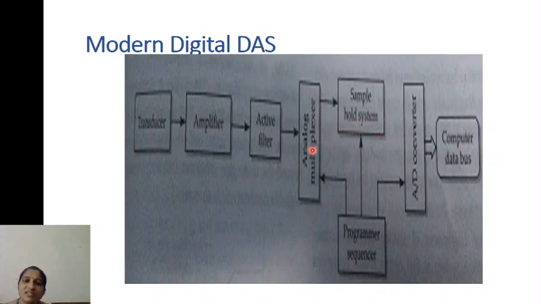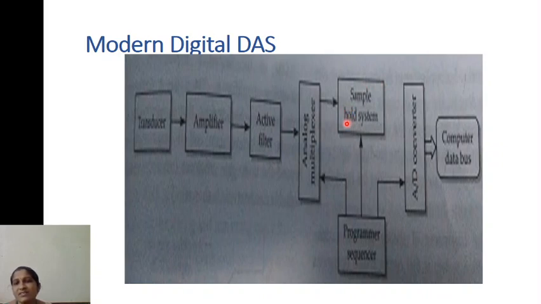To operate this analog multiplexer, sample and hold system, or A to D converter, you need a program sequencer, so that it can be processed properly. The main advantage of this modern digital data acquisition system is that you are using a sample and hold system.